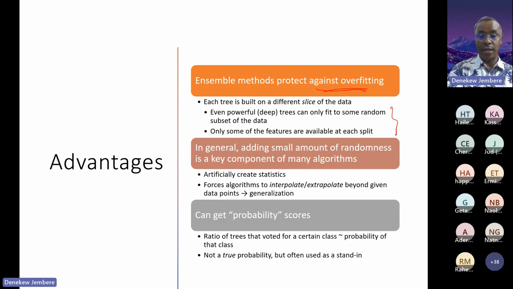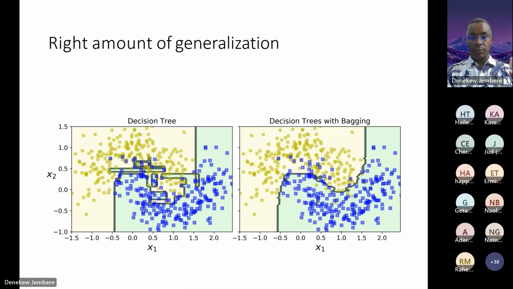That is not a true probability, but it is often used as a stand-in, and it basically gives you the right amount of generalization. For example, if you see a simple decision tree, you can see how complicated the graph is.